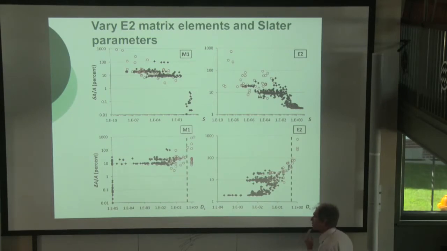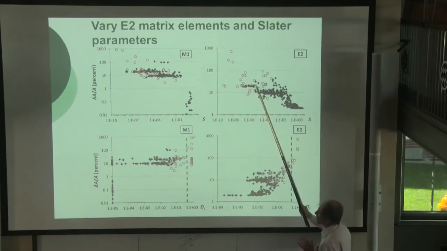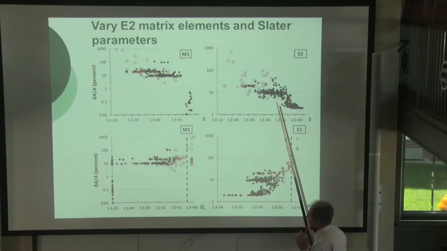So I was trying to confirm that this is really the culprit, that these extremely uncertainly calculated ones are really those affected by cancellations. The empty circles are transitions affected by cancellation effects.